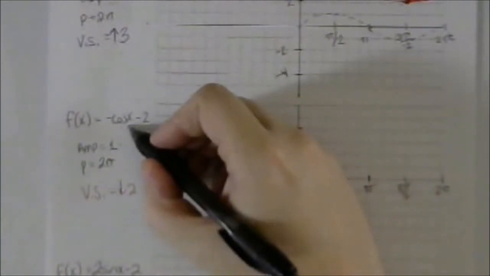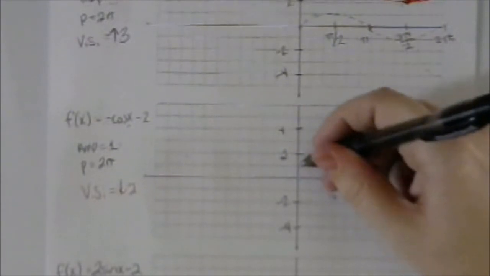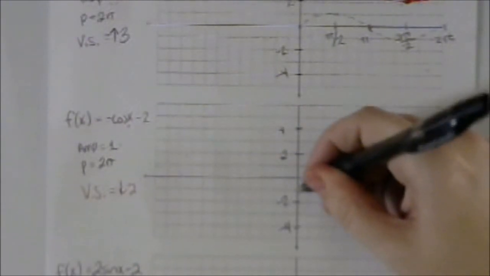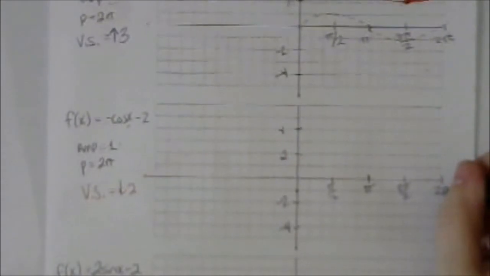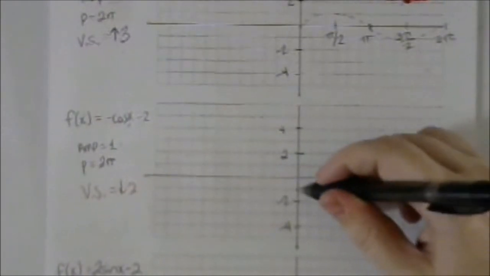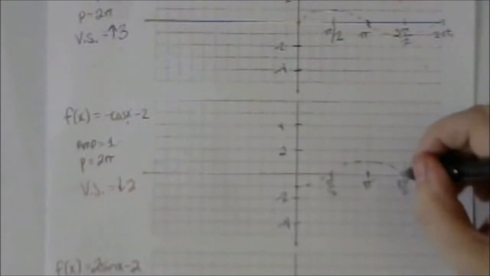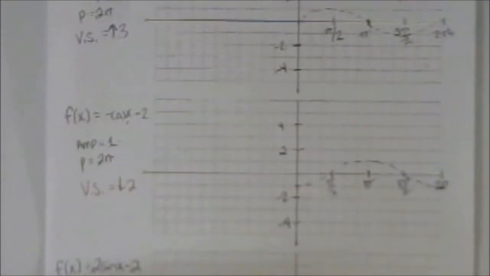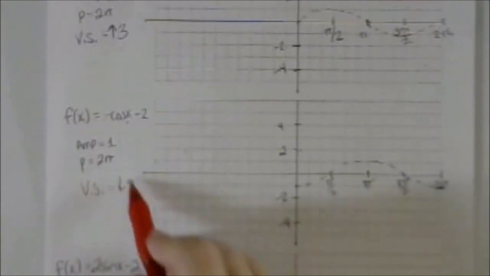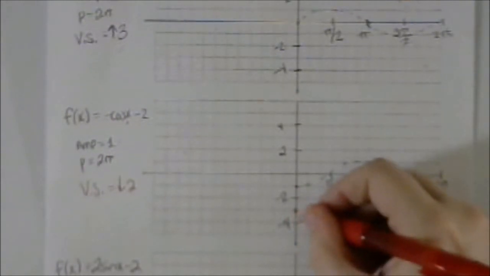Graph a standard cosine curve that's been flipped as a dotted line. Cosine typically starts at its amplitude. We will start at negative amplitude and end at negative amplitude. Peak exactly halfway in between. And then take all of these ordered pairs and move them down 2 units. (0, -1) becomes (0, -3).